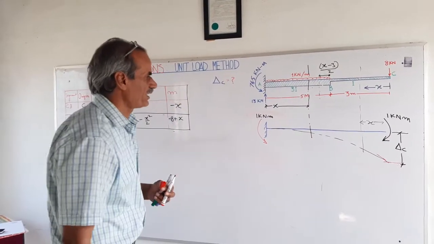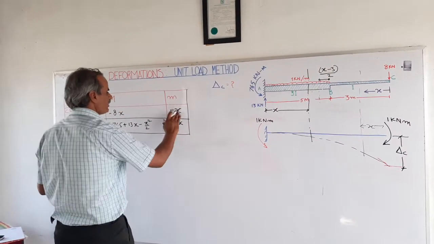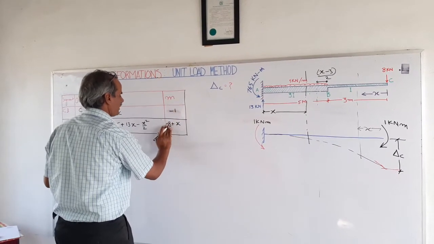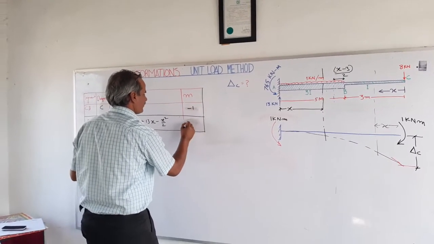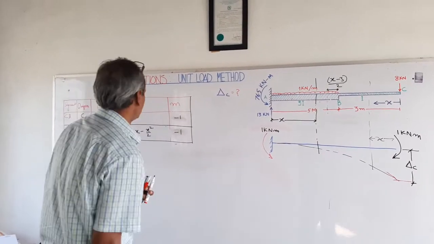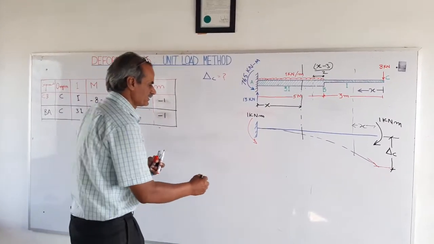And the small m equation for both those portions will be nothing else but minus 1 and minus 1.